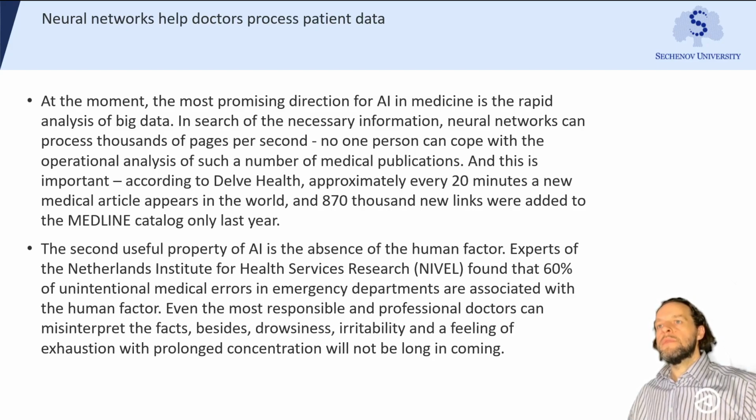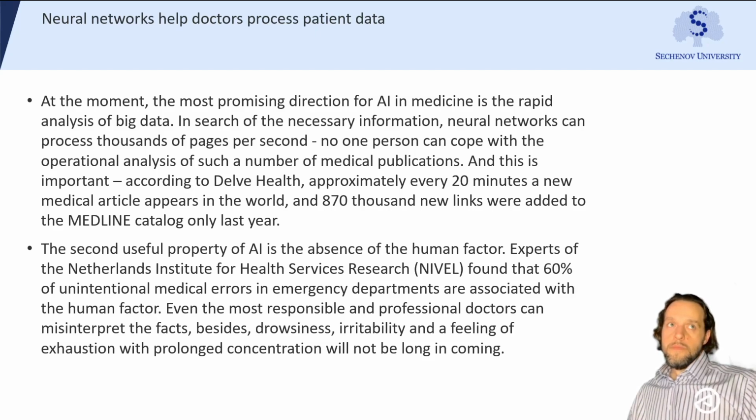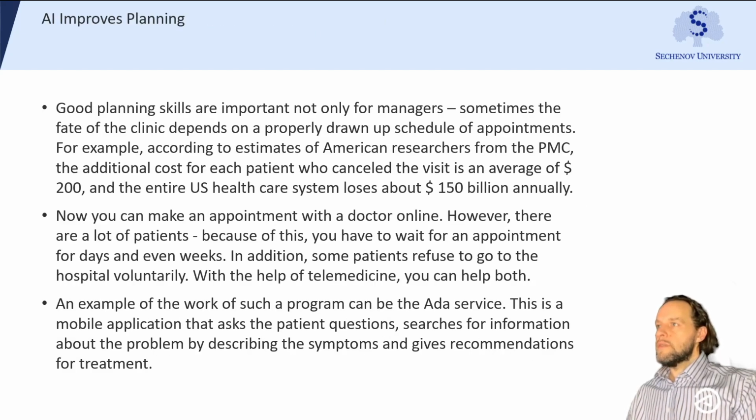And it is very important because there are a lot of publications and it's impossible to analyze them manually, and having such a system in place, we will be able to have recommendations based on proven results published in journals, and we will be able to update our medical knowledge much faster than in the current situation.